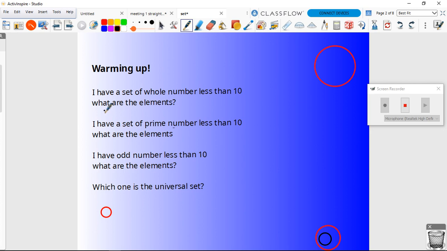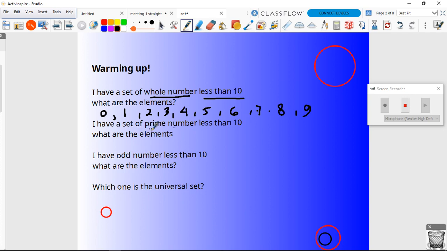Okay, they start from 0, 1, 2, 3, 4, 5, 6, 7, 8, 9. Because less than 10, so 10 is not included, and whole numbers start from 0.